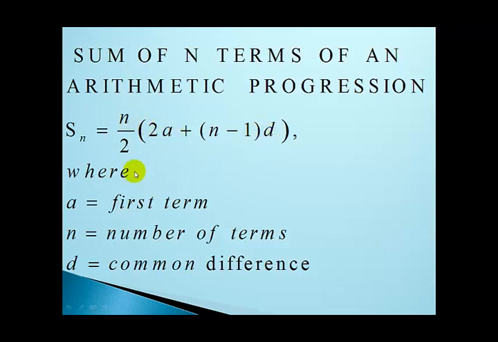So that is the terms that we have defined. This is the relation we are going to use in finding the sum of the n terms of an arithmetic progression or the linear sequence.